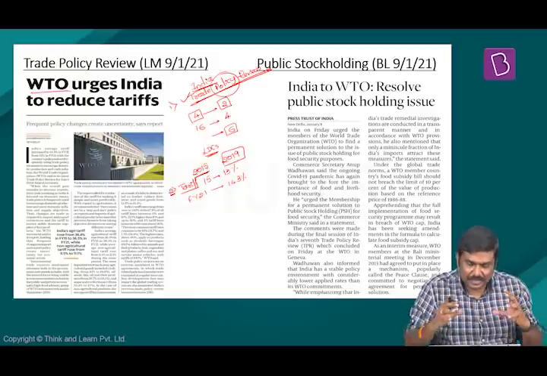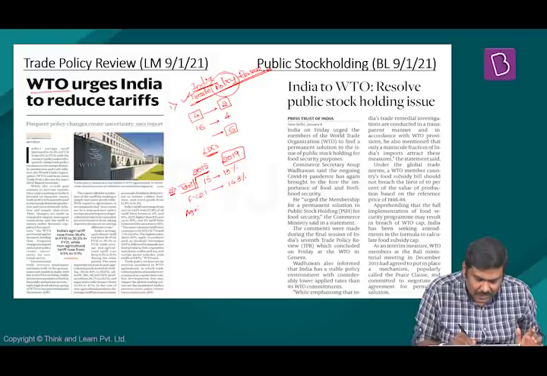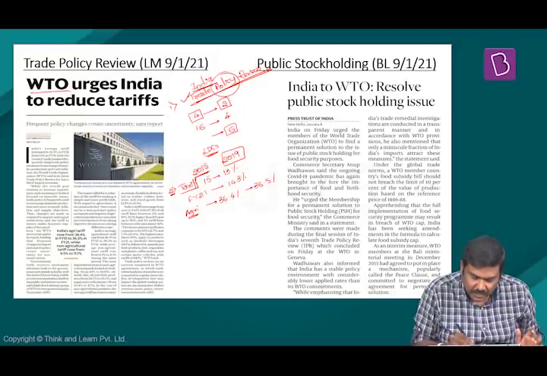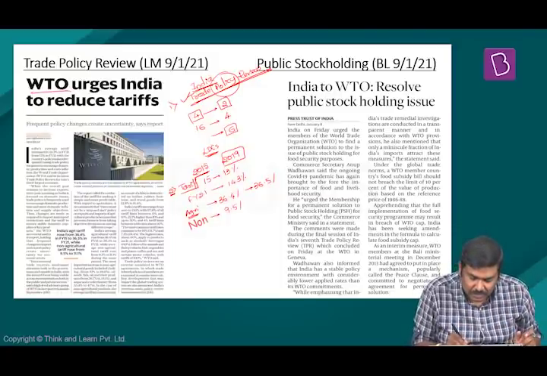If you basically break this into agriculture as well as non-agriculture tariffs, in case of the agriculture tariffs, it has increased from 36.4% to 36.5%. In case of non-agriculture tariffs, that is basically on imports, the tariffs have increased from 9.5% to 11.1%.